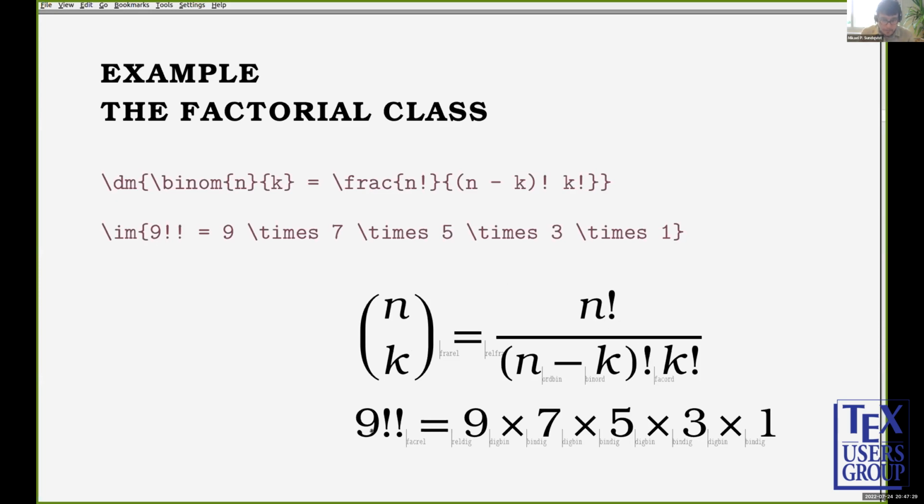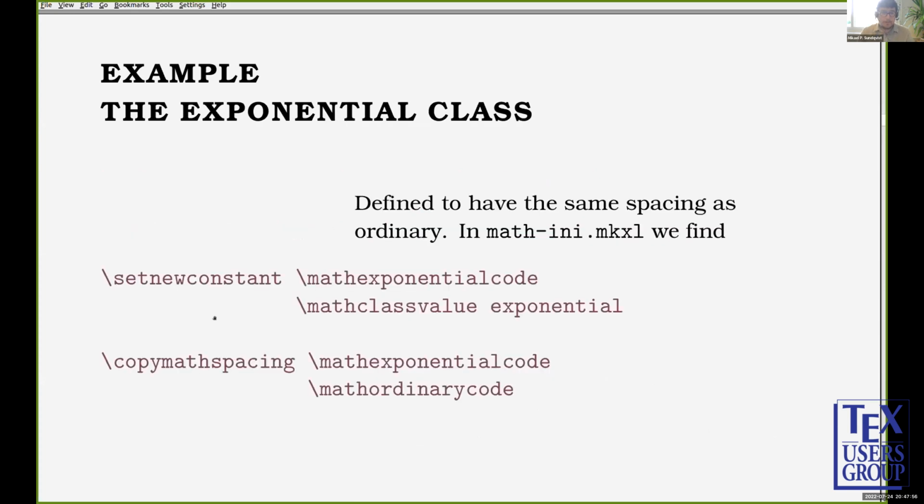If we do double factorials, we don't get any space in between because there is no space between factorial and factorial. So I think the factorials work as many people want them to work. This is a very small class. The factorial class has one member, the exclamation mark. That's the only one, but it's a bit unique, so we set it up accordingly.